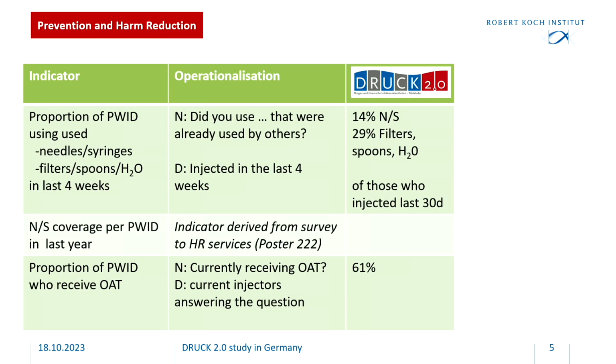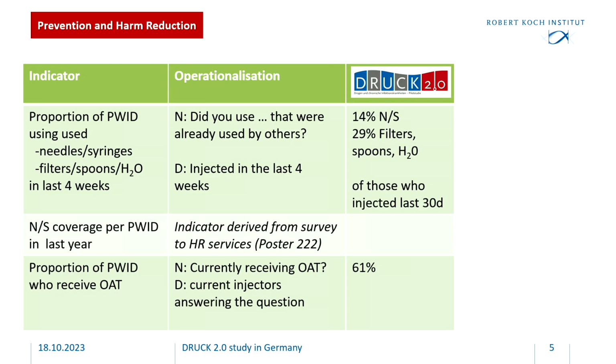So, for example, for the proportion of people who inject drugs who share materials, who use used needles and syringes or filter spoons and water, we asked for that by just asking the question, did you use needle syringes or other materials that were already used by others? And our denominator are the people who injected in the last 4 weeks. So we just asked for very recent sharing.